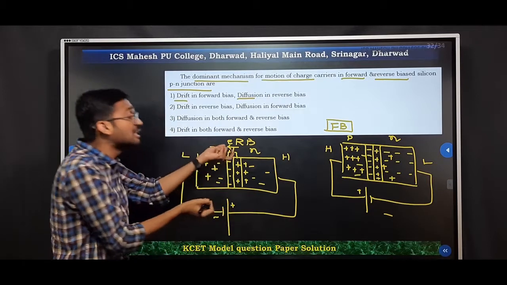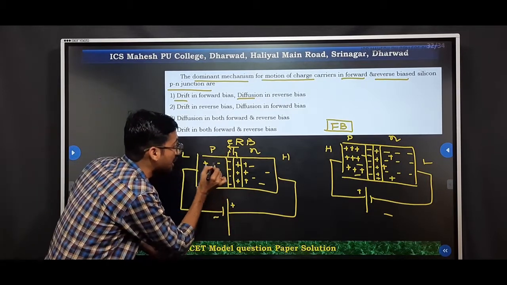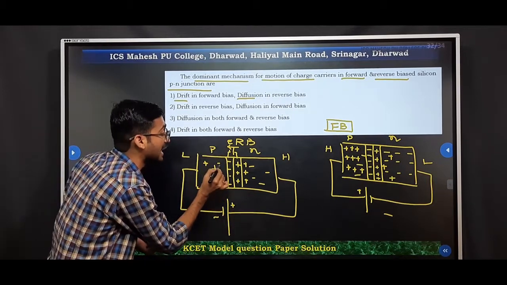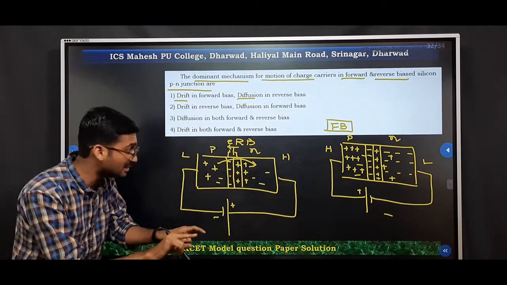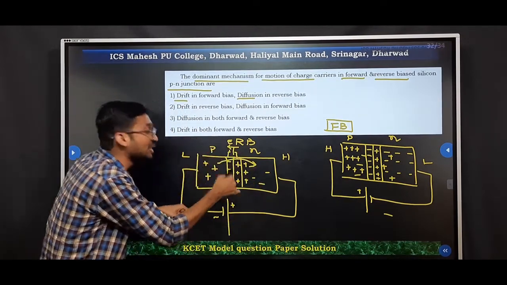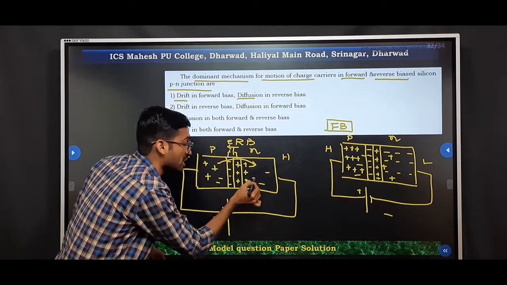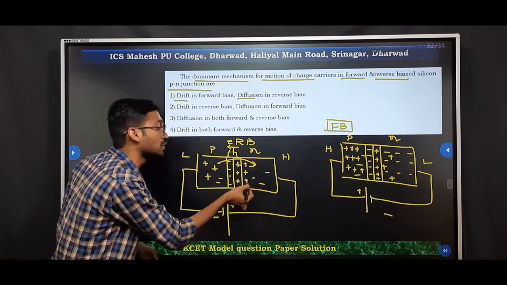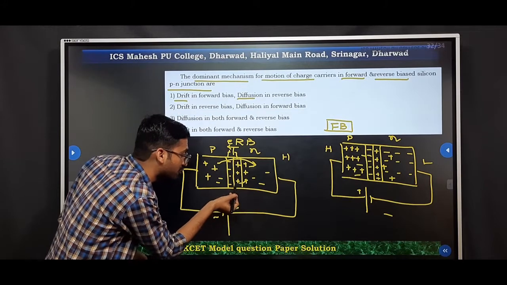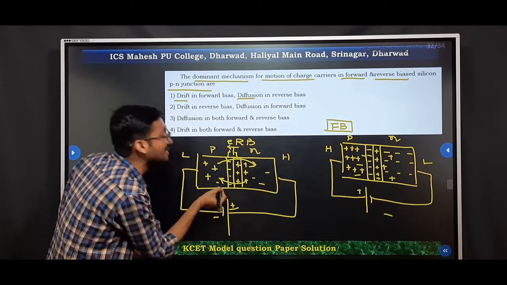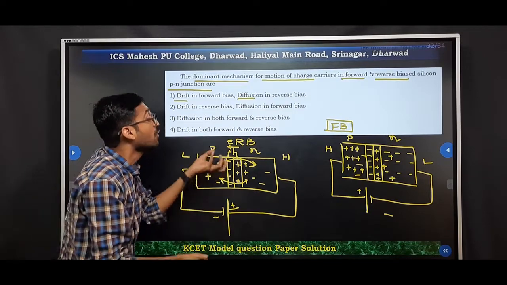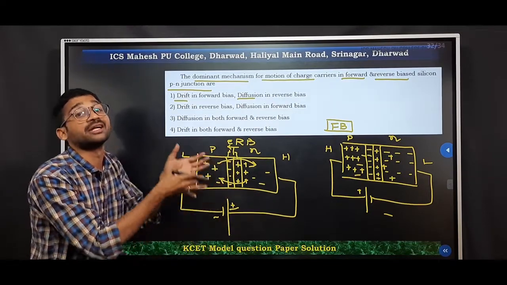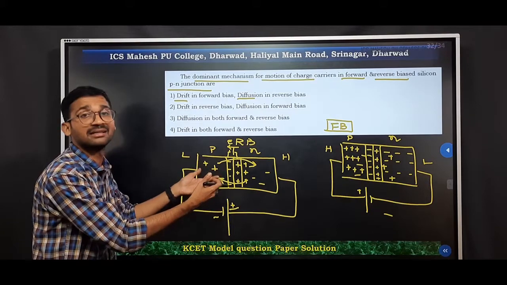As a result of this electric field, the minority charge carriers in the p type get drifted towards the n side. Similarly, due to this depletion potential, the minority charge carriers in the n side, that is the positive charge, get drifted towards the p side. Therefore, in the reverse bias condition, we observe more drifting rather than diffusion.